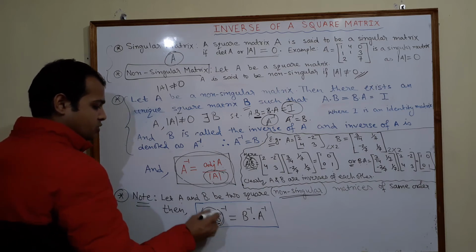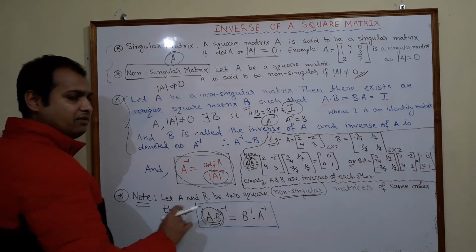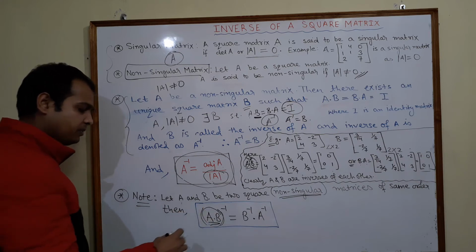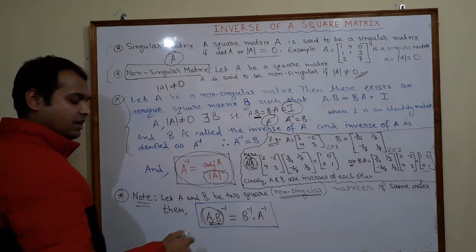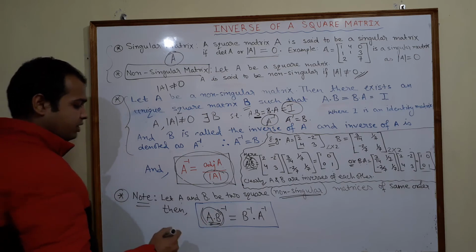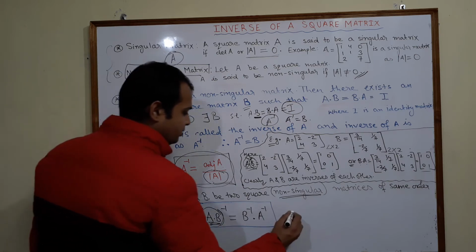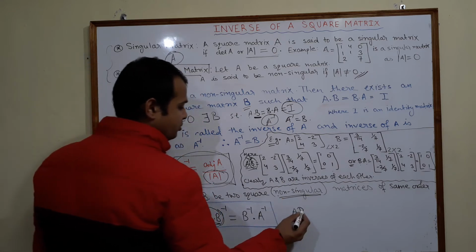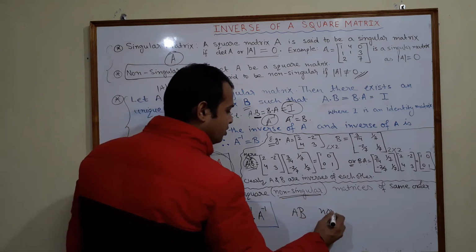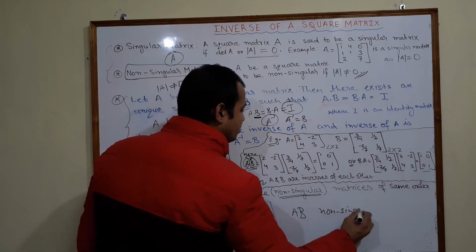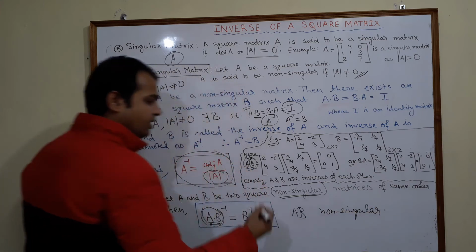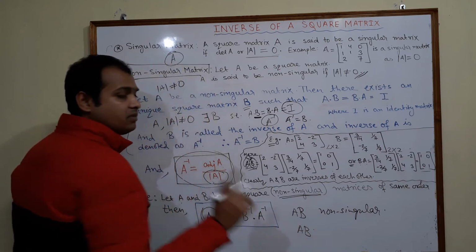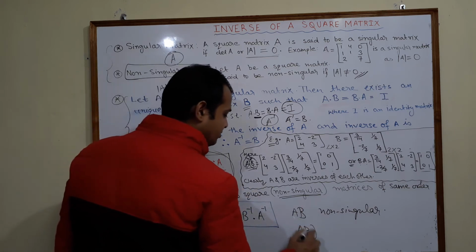Once their product is non-singular, that means the product of those two matrices will have a unique inverse. So here A and B are taken non-singular, so the product will also be non-singular. In that case this is a single matrix, so this will have an inverse.